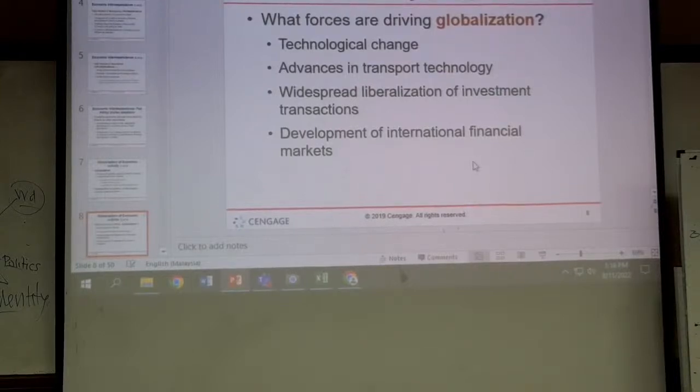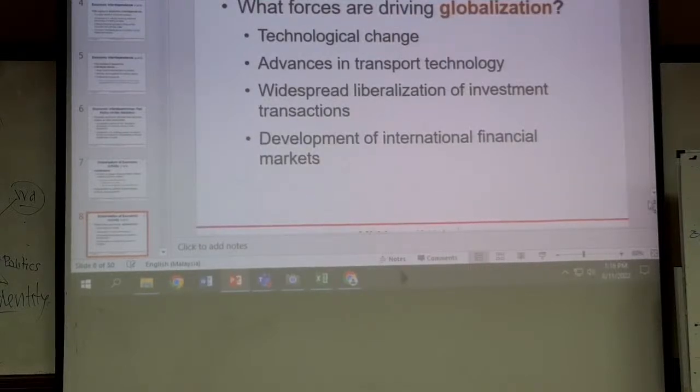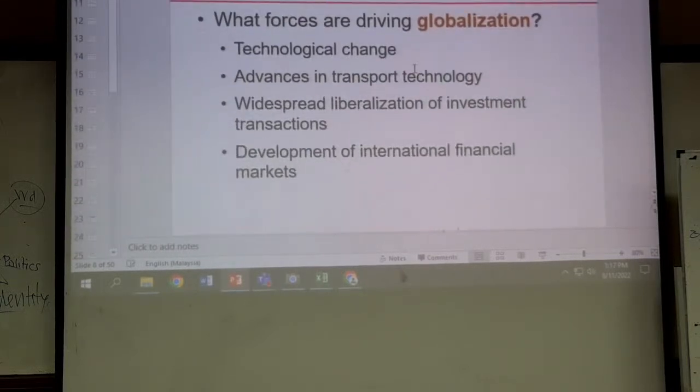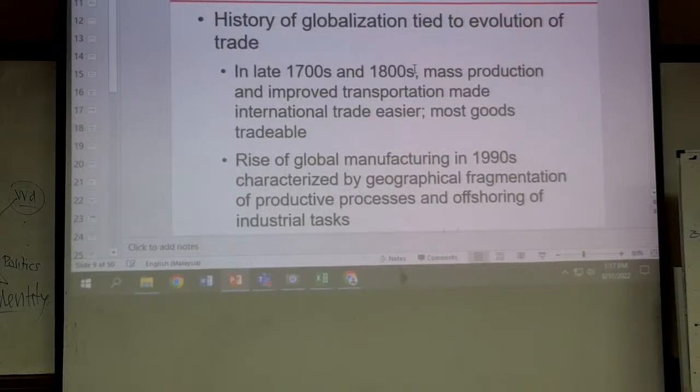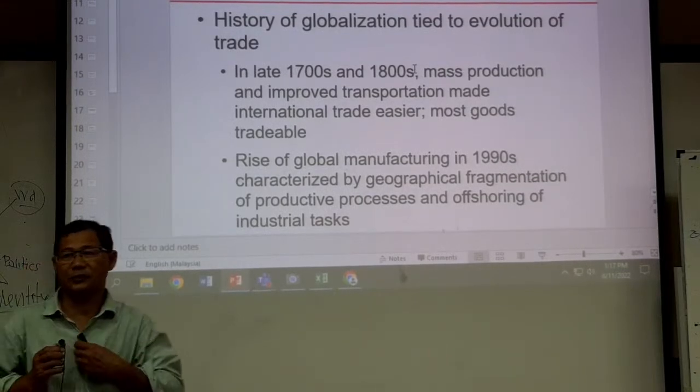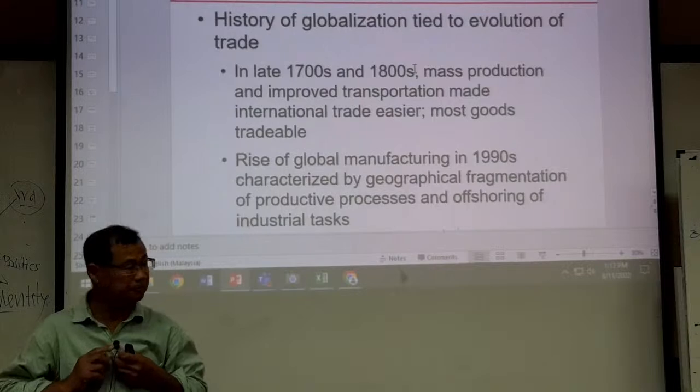And this is the development of financial markets, with technology as well. So now, waves of globalization, the history of globalization, tied to the evolution of trade.